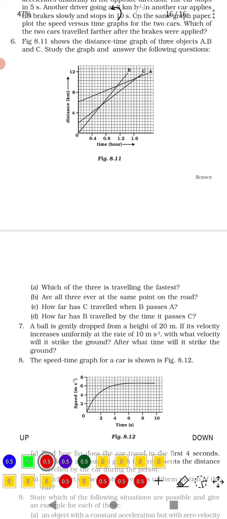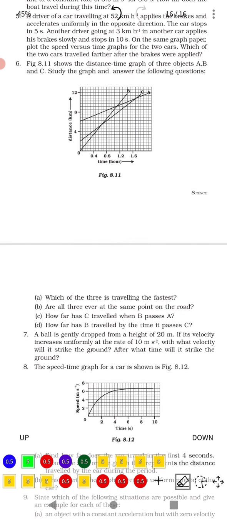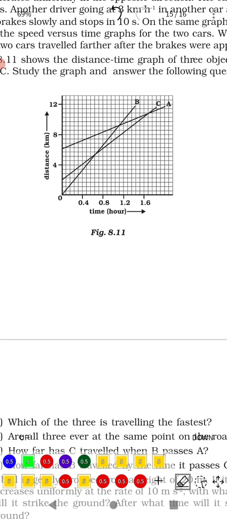Are all three ever at the same point on the road? All three means A, B, C. The question is, did they ever meet, all these three together? But here you can see that all these three lines never intersected at any particular point. See, if you consider this point of intersection, then here only C and B are intersecting.